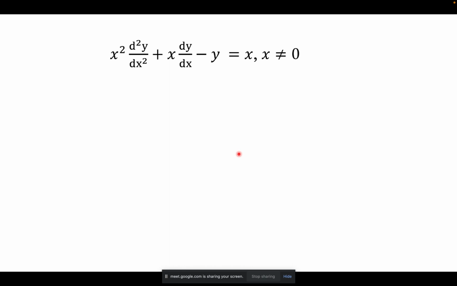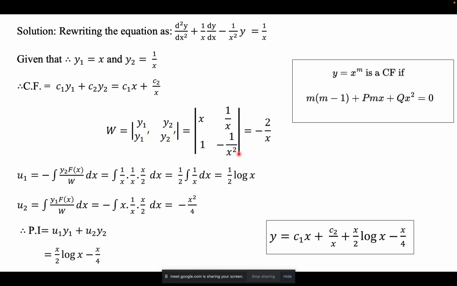So again let's go through the solution of this equation. You can rewrite the equation in this form: d square y by dx square plus 1 by x times dy by dx minus 1 by x square times y is equal to 1 by x, right?